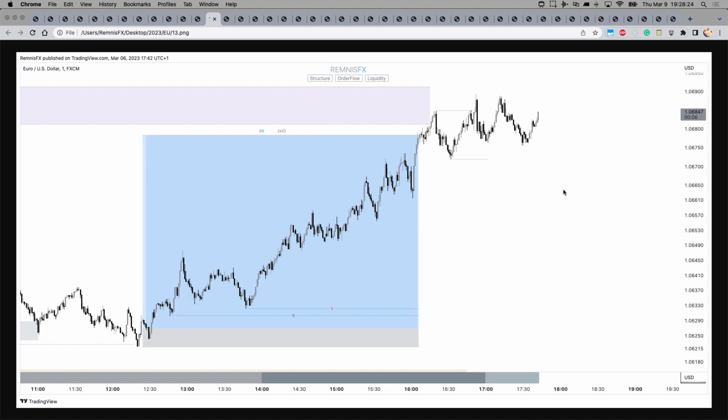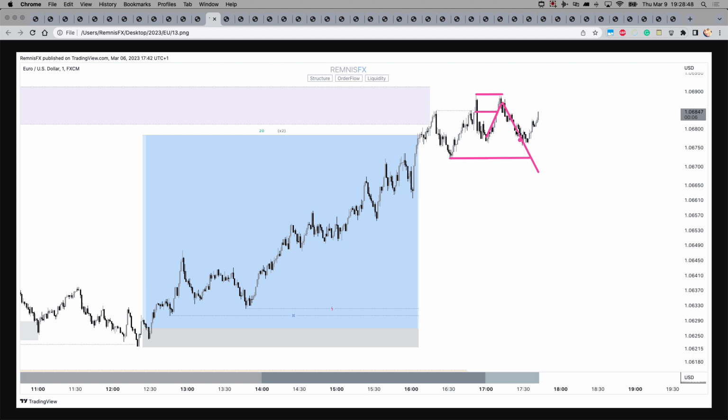And if we look at this then, at this point, everything basically happened as I thought it would, but this movement did not break this low, right? Because this movement did come back and mitigate this area, right?